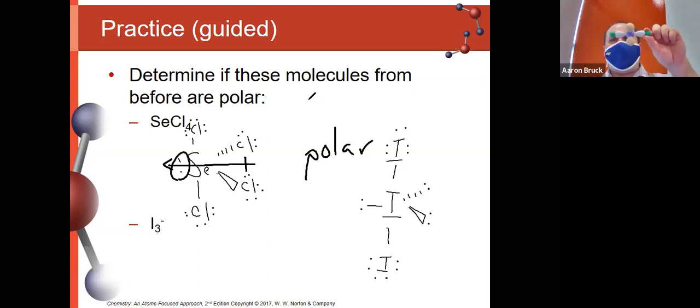So again, if we build this out, we've got a linear shape coming out of that trigonal bipyramidal geometry. We have to ask ourselves the same kinds of questions.